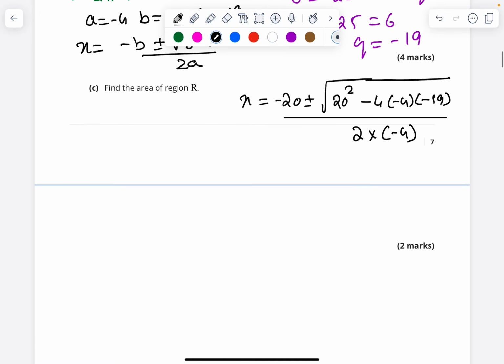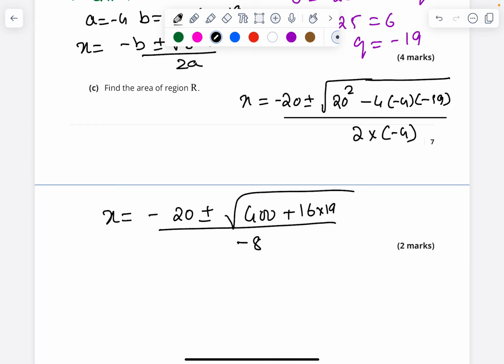So what does that become now? x = (-20 ± √(400 + 16 times 19)) / -8. Directly writing the simplified form, that is -20 ± 4√6 divided by -8.